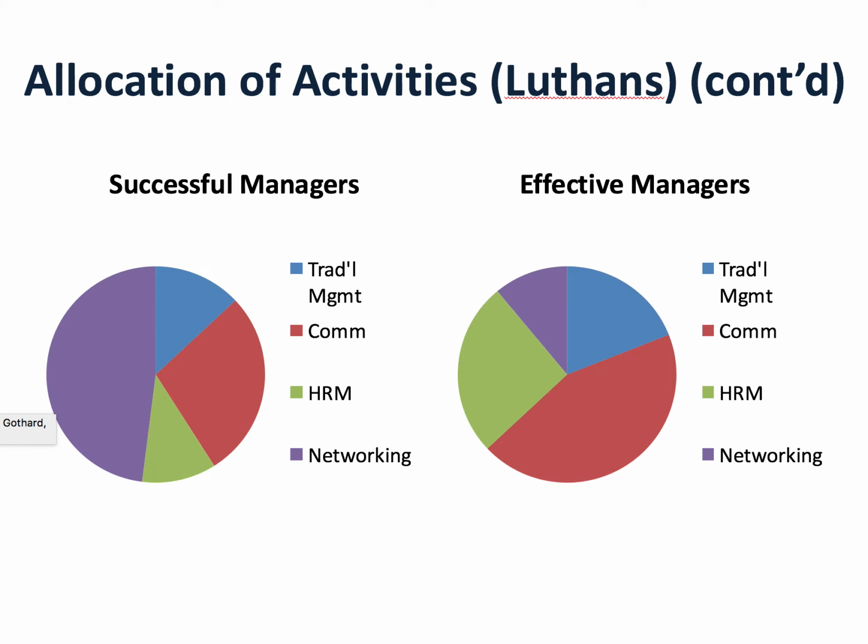Whereas with successful managers, we see a fair amount of time spent networking, so really making connections, and some of this would involve promoting themselves and promoting the work that their group is doing. So the allocation of activities is quite different depending on the effectiveness of the manager.